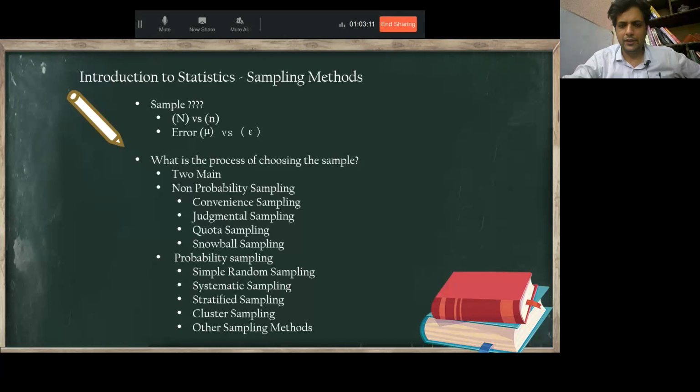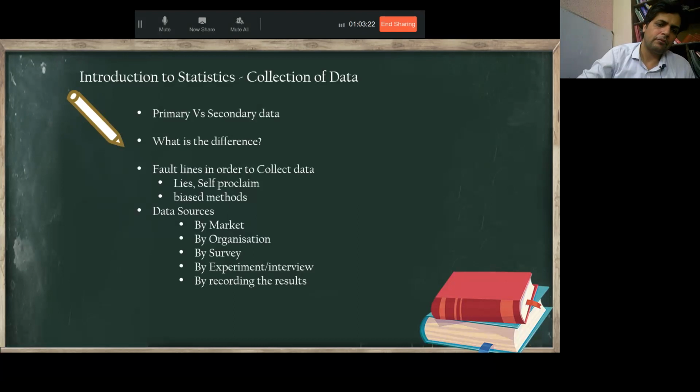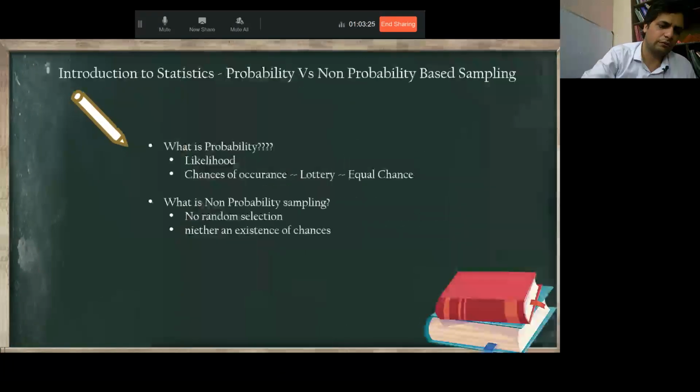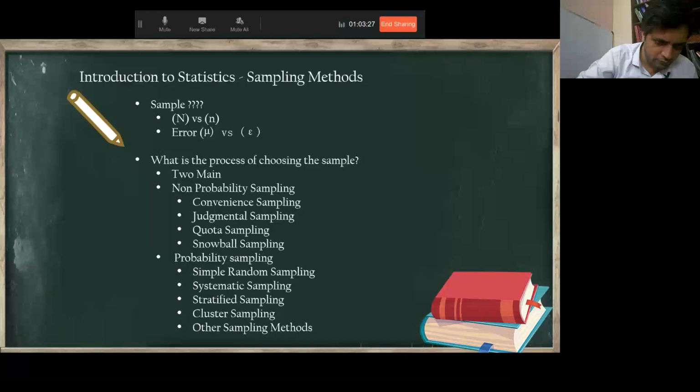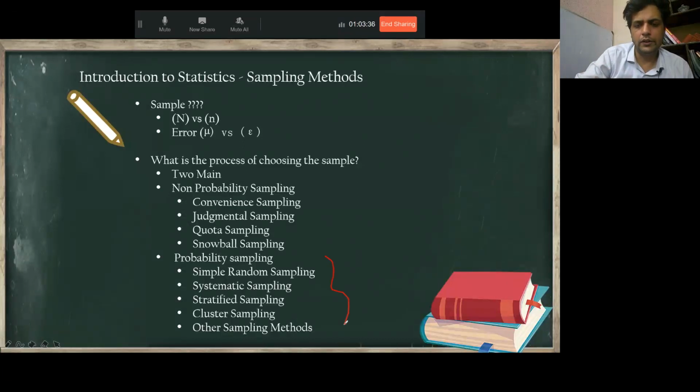Among the probability sampling methods, remember that probability sampling means in all these methods we assign numbers, and then we choose randomly.